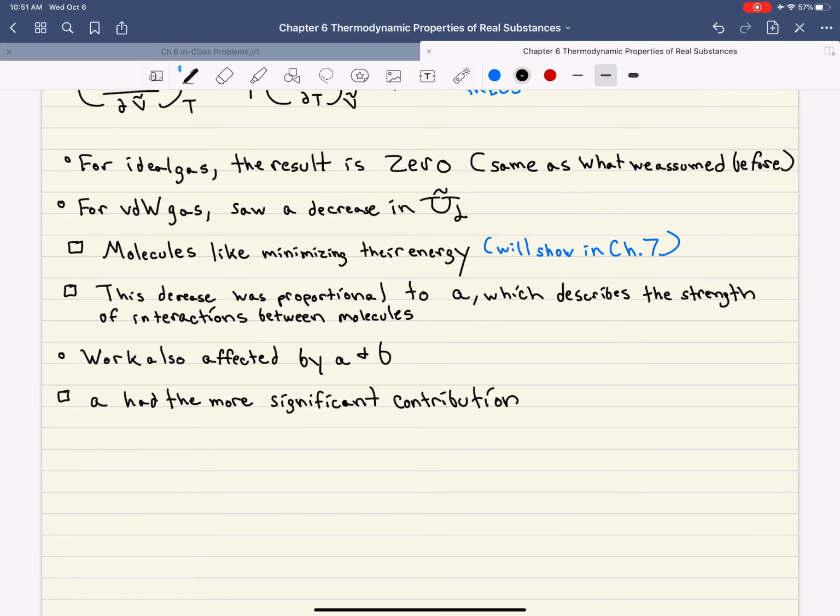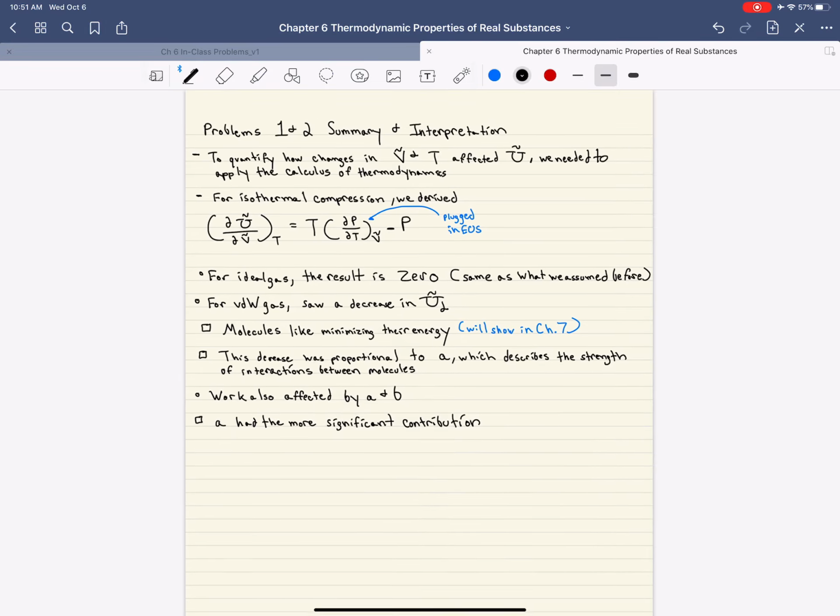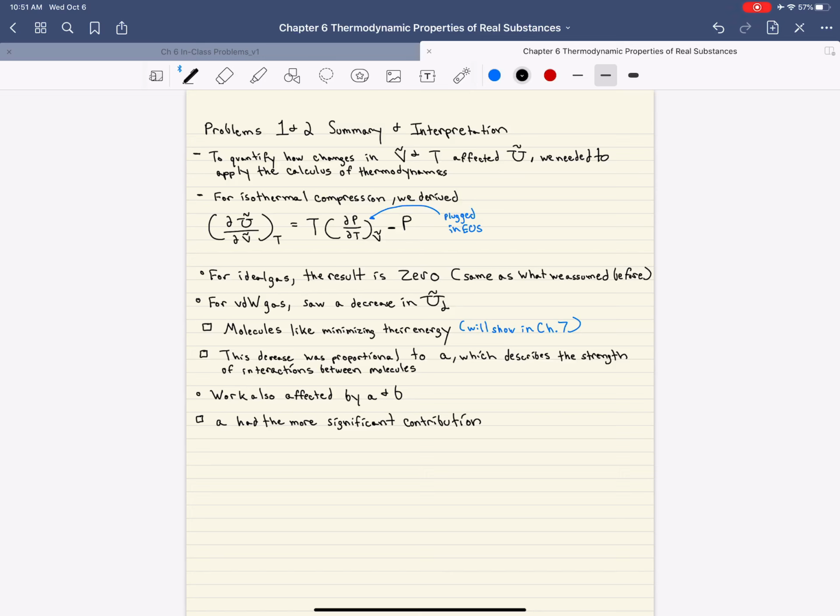Okay. All right, and so in these problems 1 and 2, what I wanted to demonstrate to you is how we could take systems that we've thought about before, but analyze them in a more rigorous way so that we could understand how the chemical identity, or how the interactions between molecules and the size of molecules, actually affects the amount of heat we could extract out of a system.